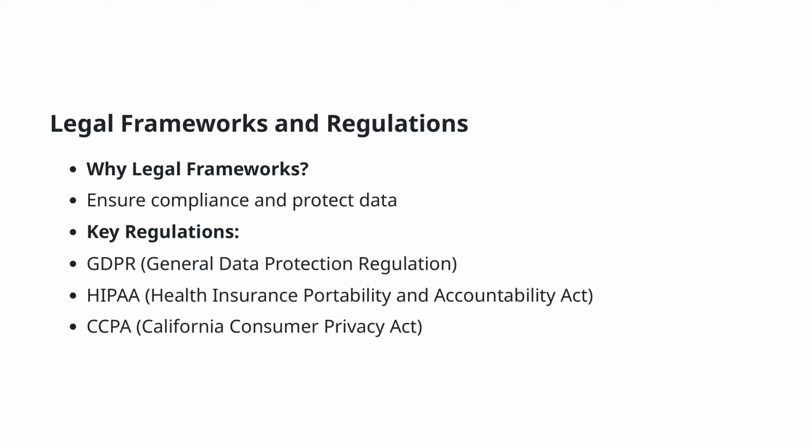Legal frameworks and regulations play a vital role in ensuring data protection and compliance. They are designed to safeguard sensitive information and enforce measures that organizations must adhere to. Some key regulations include: 1. GDPR, General Data Protection Regulation. This is a comprehensive regulation implemented to protect personal data within the European Union. 2. HIPAA, Health Insurance Portability and Accountability Act.